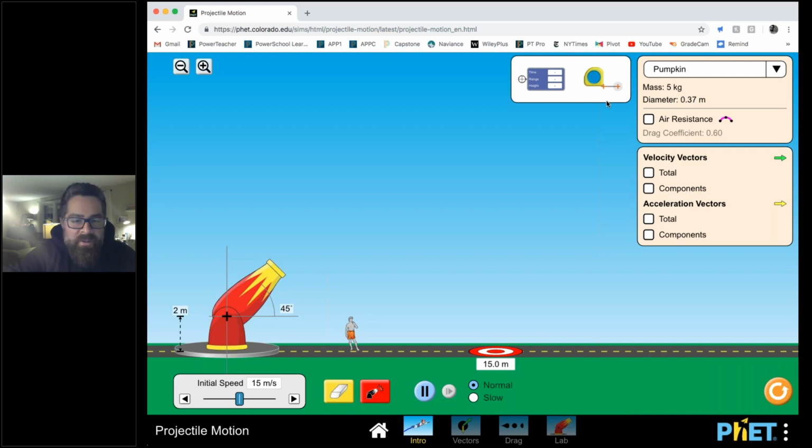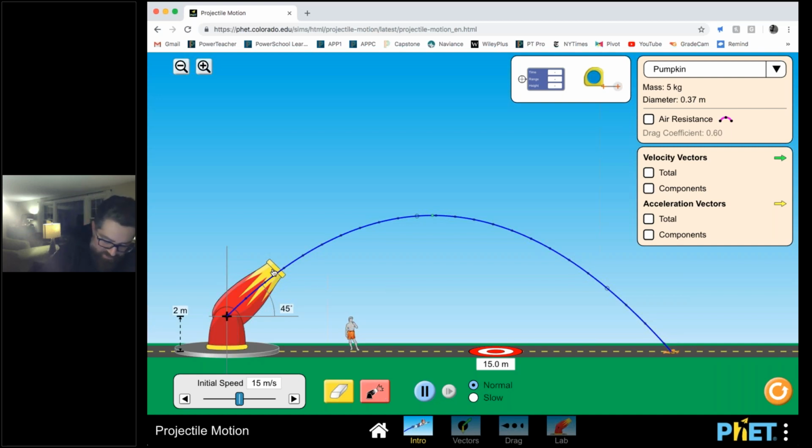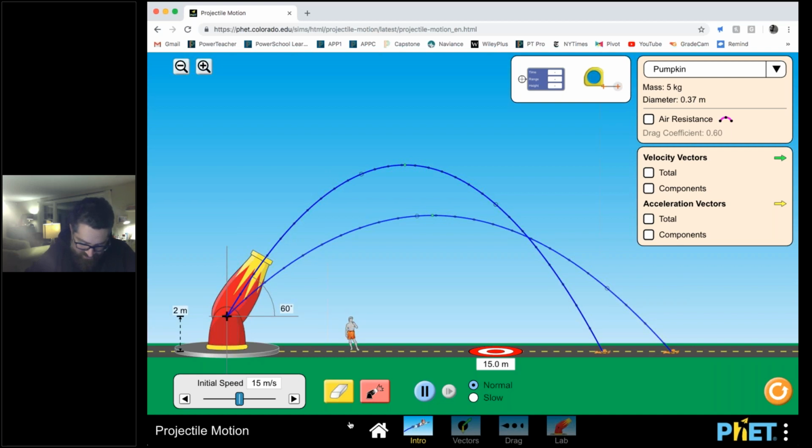I don't have to hit the enter button or space bar. All right, I thought I was hitting that already. Anyway, so we can see that trajectory here, and then I'm going to increase it up to 60 degrees and fire it again. And you can see that this looks somewhat similar to what I was doing before. Now I'm going to bring it down to 30 degrees.